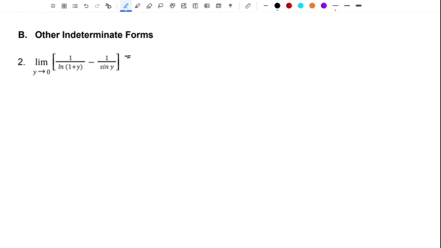I think it will be a tricky point. Let's proceed. 1 over ln 1 plus 0, minus 1 over sine 0.